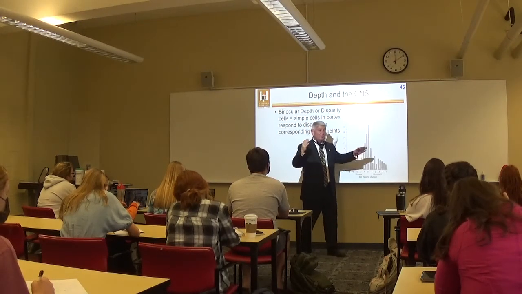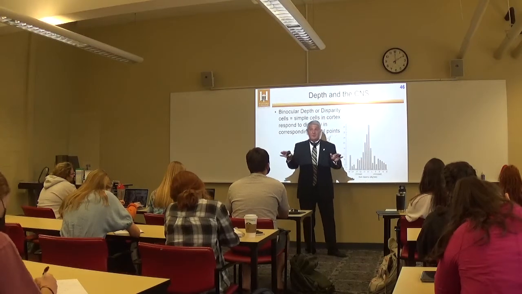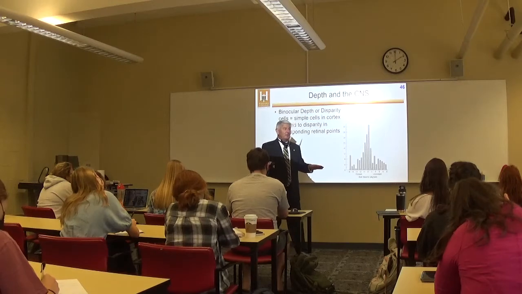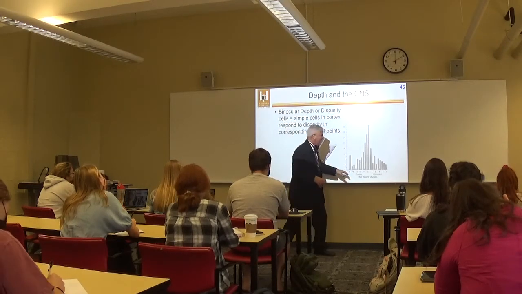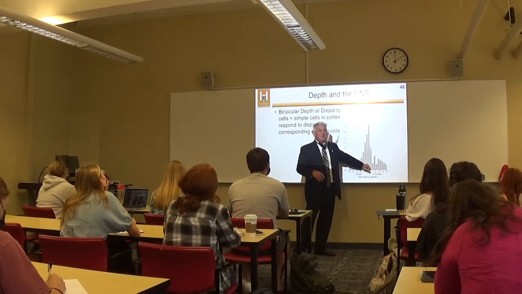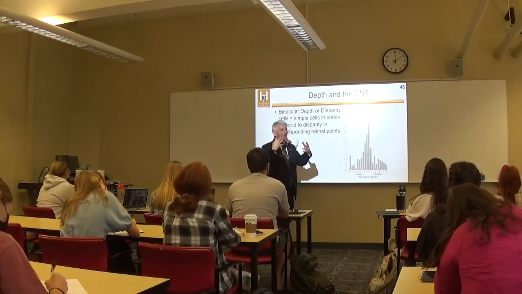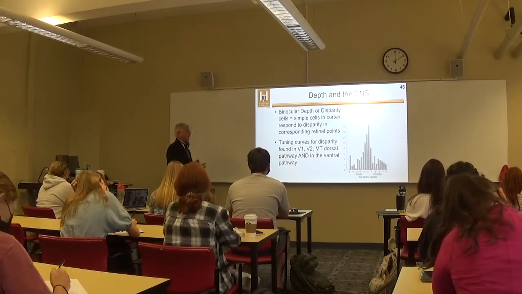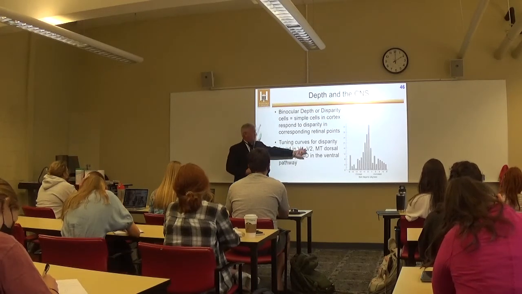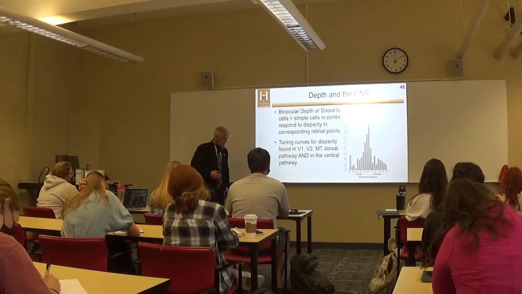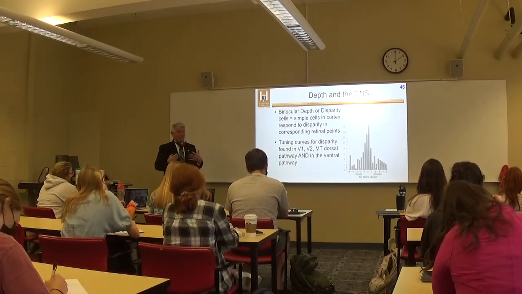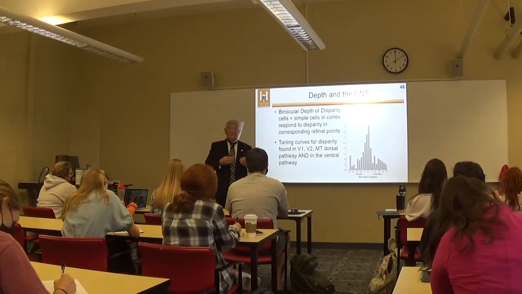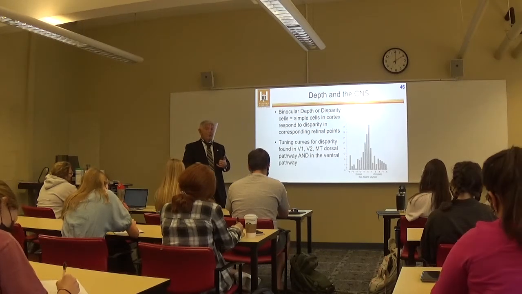So our brain shuts down that diplopia perception of non-zero disparity, non-corresponding retinal points. Okay, so we can find tuning curves for disparity in V1, V2, and MT pathways and in the ventral pathway. It's helping us identify objects and suppress inappropriate objects.